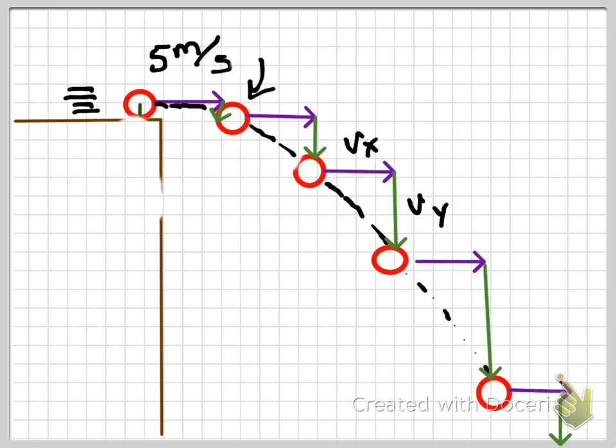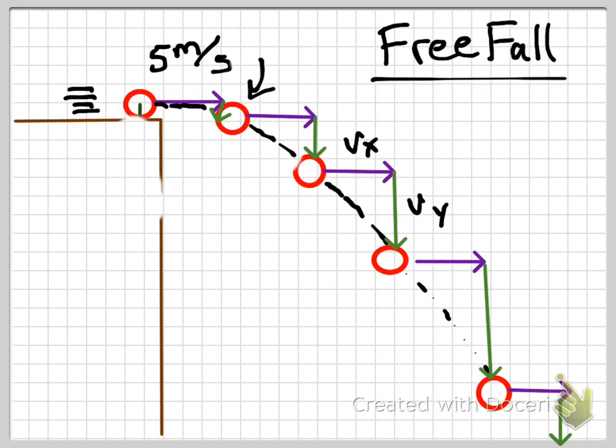All right, key point of emphasis here. The ball, or the projectile, any projectile, is technically also in free fall. It is a projectile, but it is in free fall motion, meaning the only force acting on it is gravity, which points down.